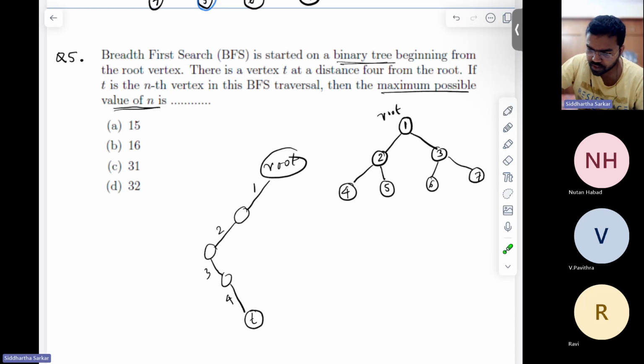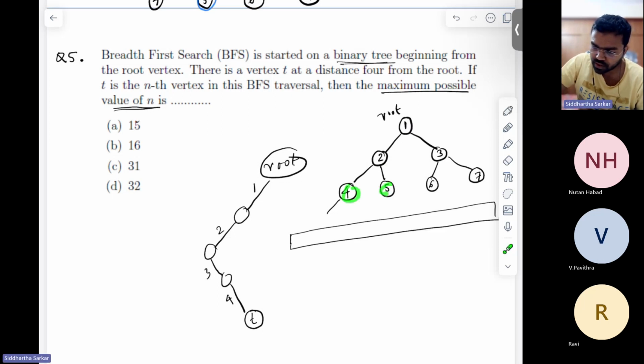So once we're doing this BFS, we're exploring in this order. Then 4 has 2 children. So in this level, how many values? Each of the 4 nodes in the previous level has 2 children. In this level, we have 8 nodes. But every node here is at distance 3 from the root. We have to go 1 more level down. So we have this level.